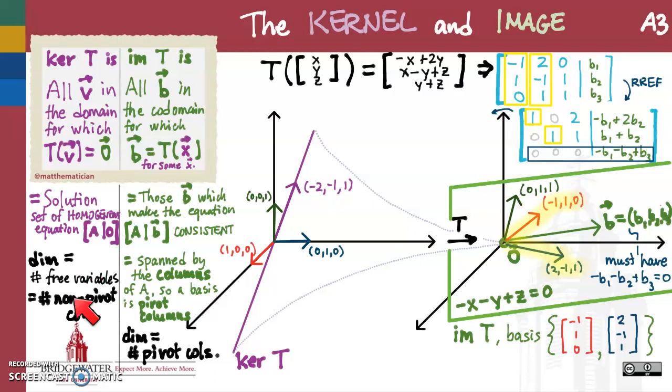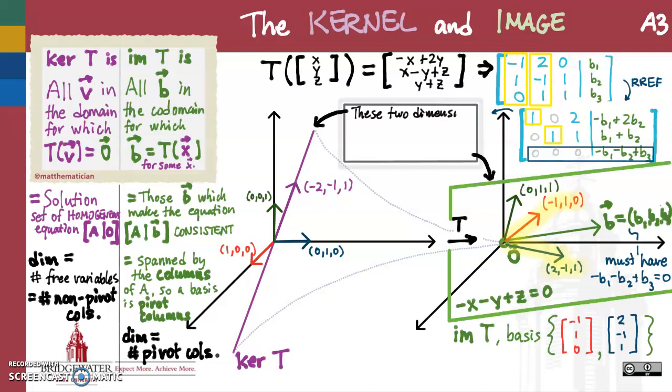Therefore, the non-pivot columns are enumerating the dimension of the kernel, and the pivot columns are enumerating the dimension of the image of our linear transformation T. Therefore, they have to be related one to another. Specifically, if I add the dimension of the kernel to the dimension of the image, I'm adding up the number of non-pivot columns and the number of pivot columns in the reduced row echelon form of my matrix.